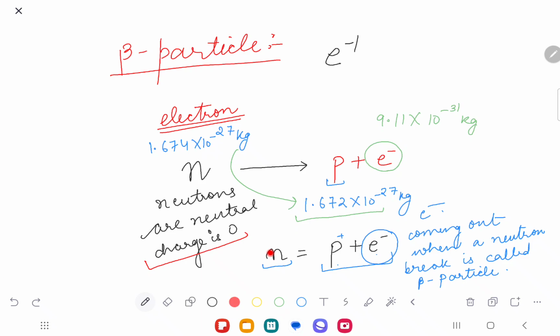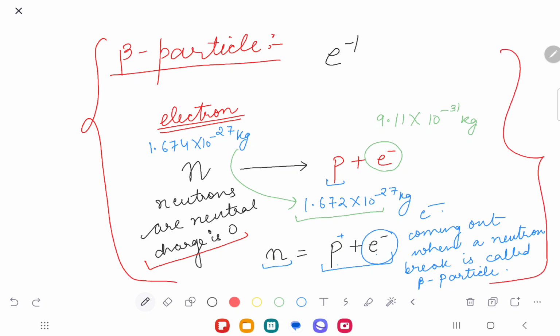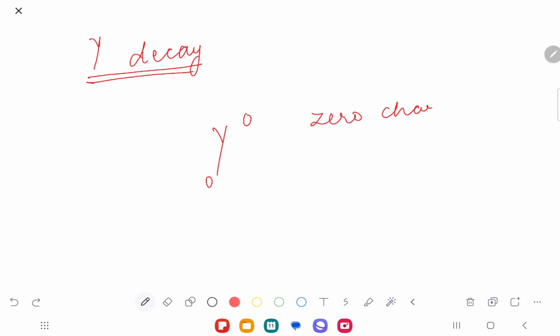So now understand, when we talk about the beta particle, what exactly does that mean? Similarly, we have gamma radiations, gamma decay. Gamma radiations are nothing but just neutral particles. They have zero charge and zero mass.